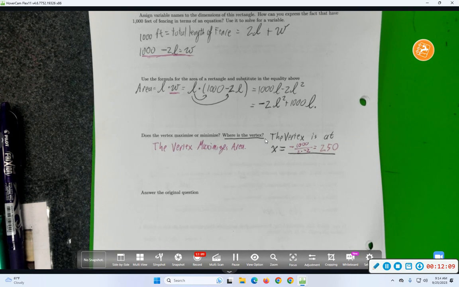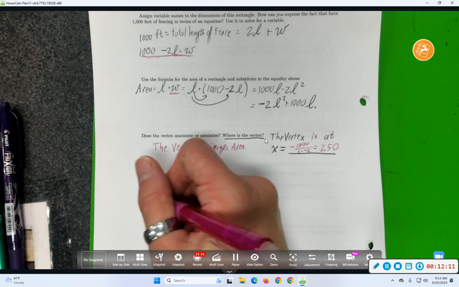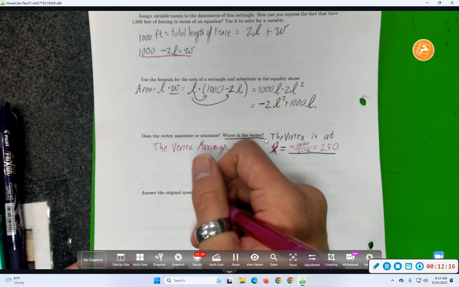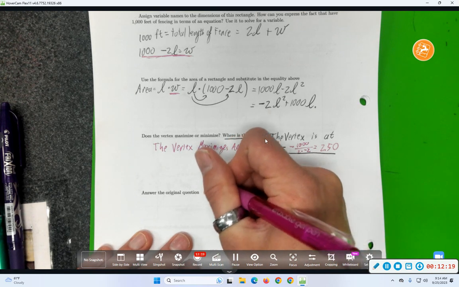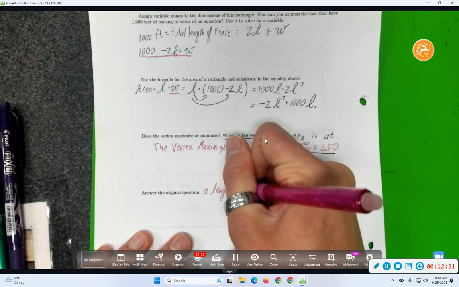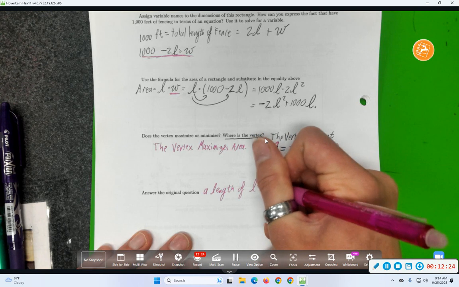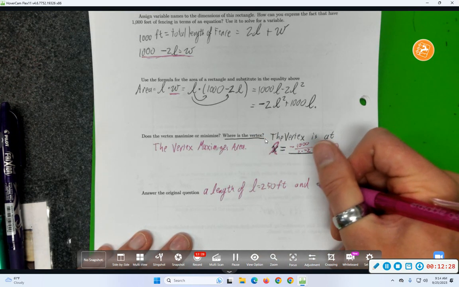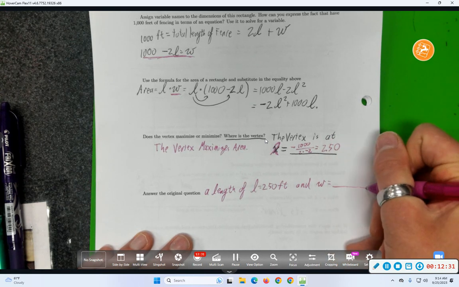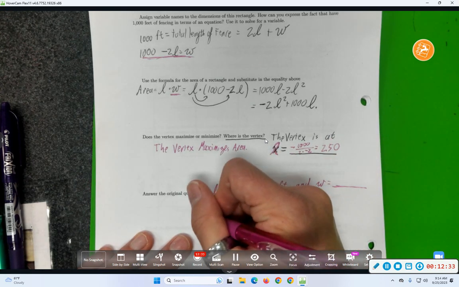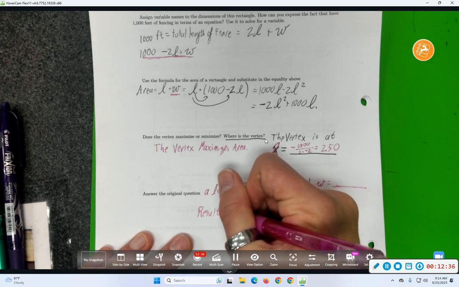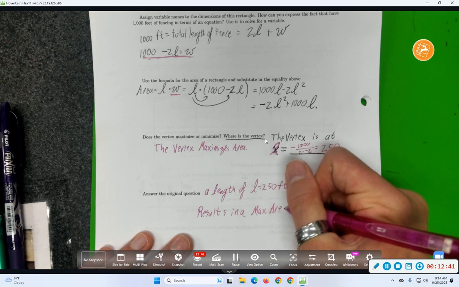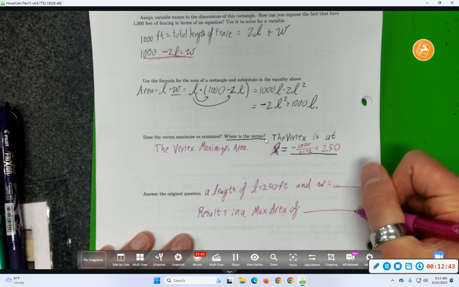So now I think we have enough to answer the whole question. Oh, that should be an L, not an X. L is the independent variable, not X. A length of L equal to 250, and let's put the units back, feet, and W equal to, well, I guess we need to figure out W, results in a maximum area of, and then I guess we should fill that in too.